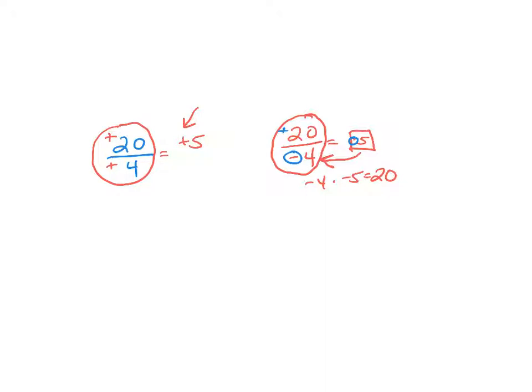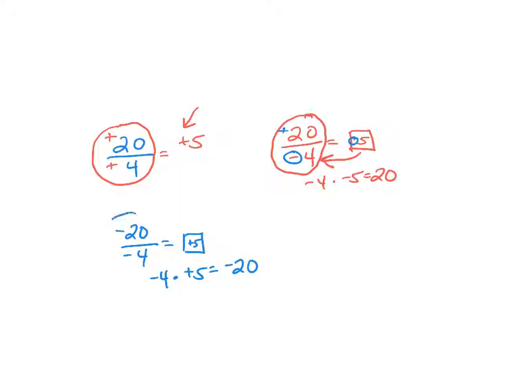Let's look at one more possibility. If I have -20 divided by a -4, what would that answer have to be? According to the rules of multiplication, I would have to end up getting a +5 for that answer, because a -4 times a +5 would give me that -20.